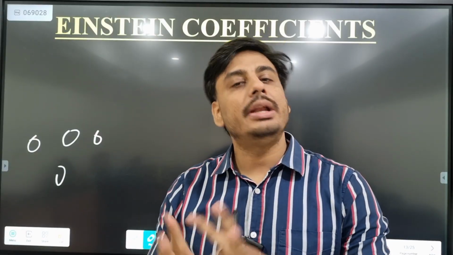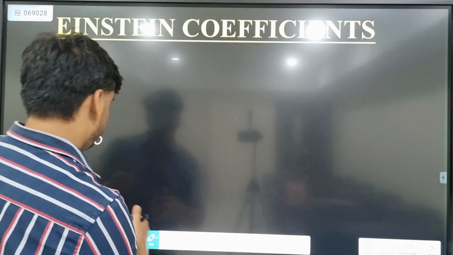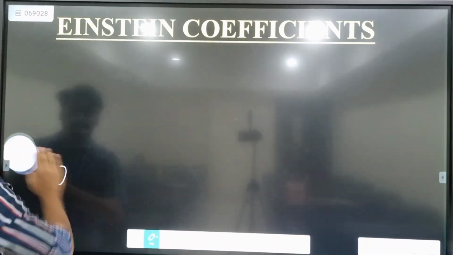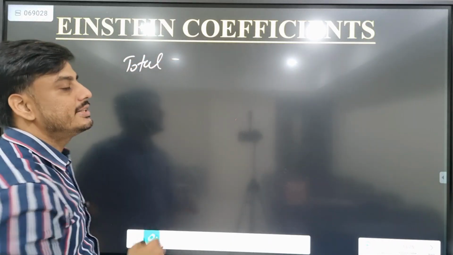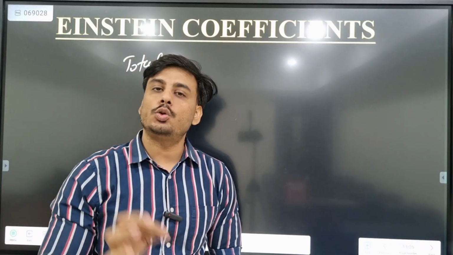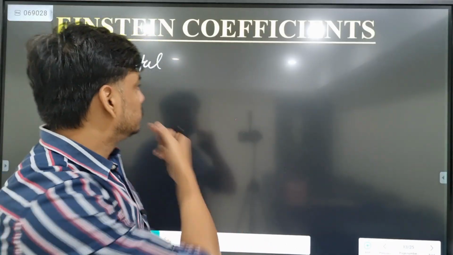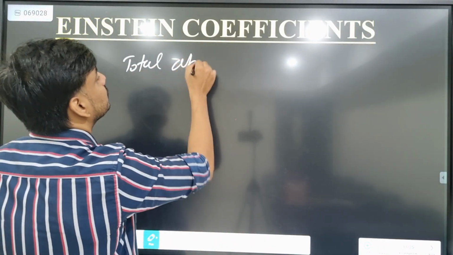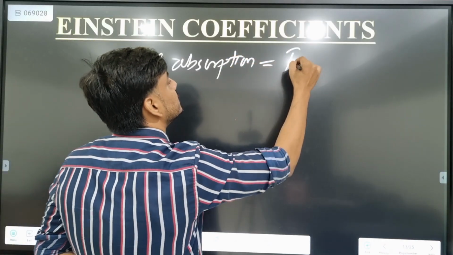Now we have to find the relation between all the Einstein's coefficients. So in thermal equilibrium, the total number of particles moving from the lower energy state to the higher must be equal to the total number of particles moving from higher to lower. So total absorption must be equal to total emission.